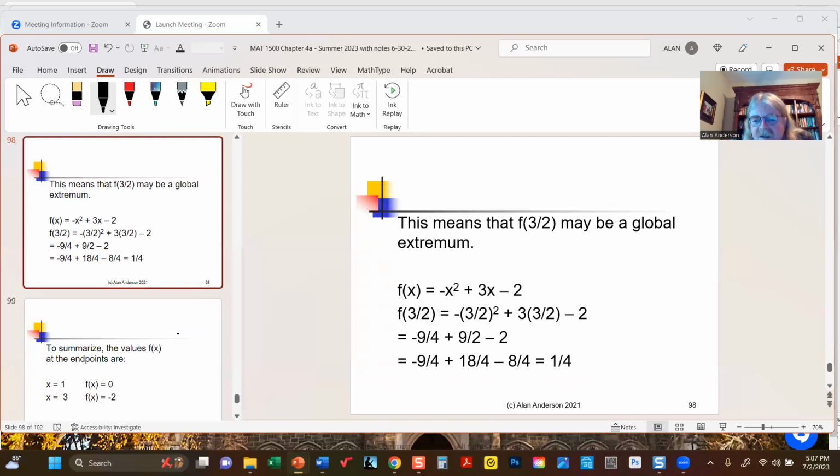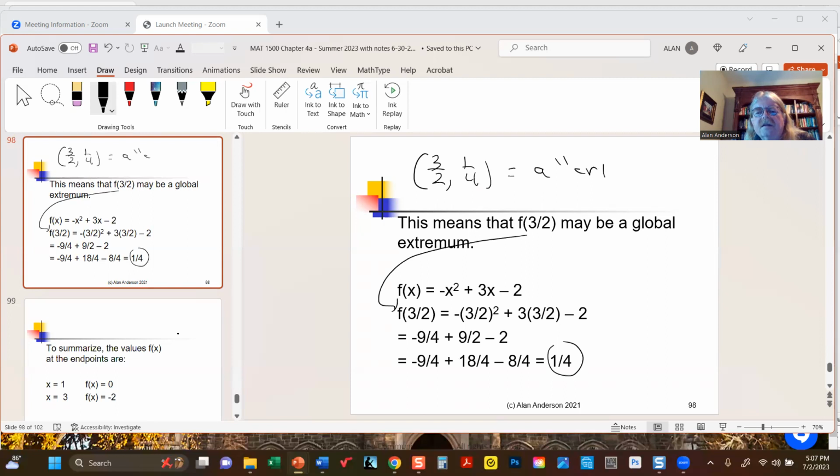We're looking for f of 3 halves, so we plug this in, and you can see that we ultimately end up with 1/4. So the point 3 halves, 1/4, is what we call a critical point. Okay, so the x-coordinate is the critical value.